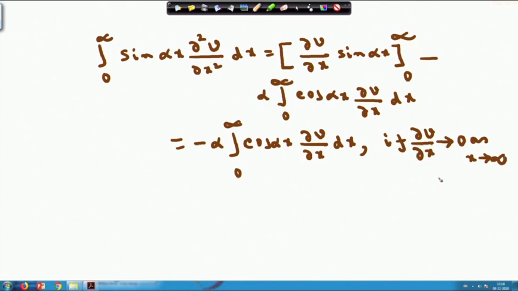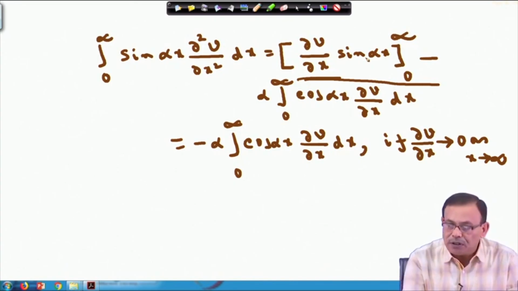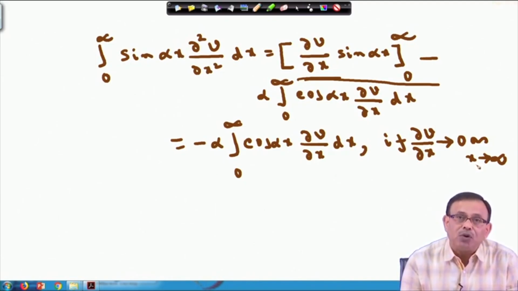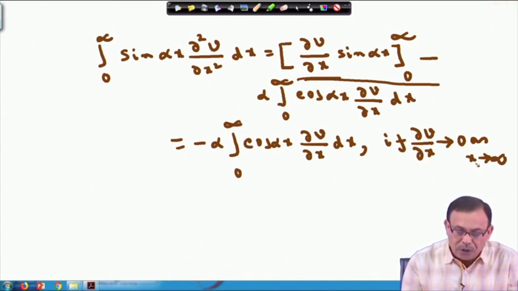Then only this entire term will vanish. For the lower limit, since sine is there, it is vanishing. But for infinity, we cannot predict anything, and this term will vanish only if del v del x approaches 0 as x approaches infinity. So, this condition is required, otherwise we cannot find the solution.